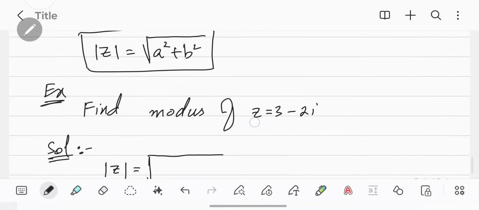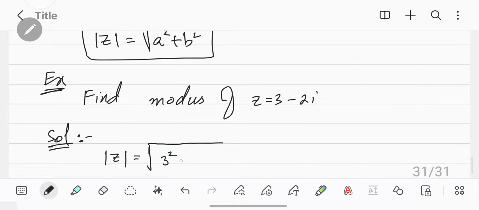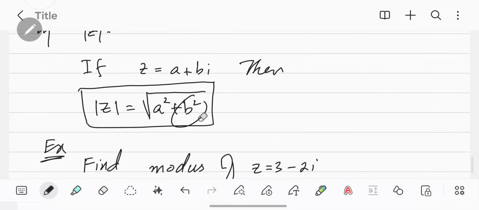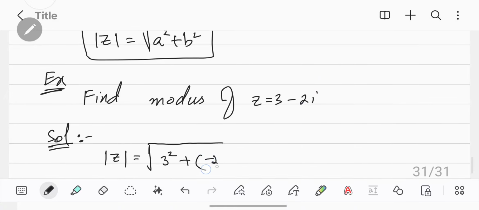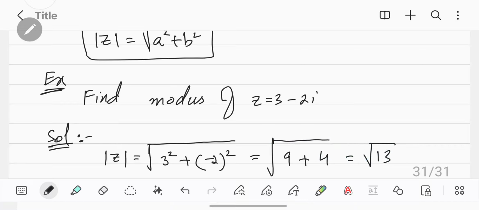Here the real part is 3, so I will write the square of 3 plus the square of the imaginary part. Here the imaginary part is negative 2, so I will write the square of negative 2. Square of 3 is equal to 9 plus the square of a negative number is always a positive number, so the square of 2 is 4. So it is equal to the square root of 13. So this is the modulus. This is the way you find the modulus of a complex number.